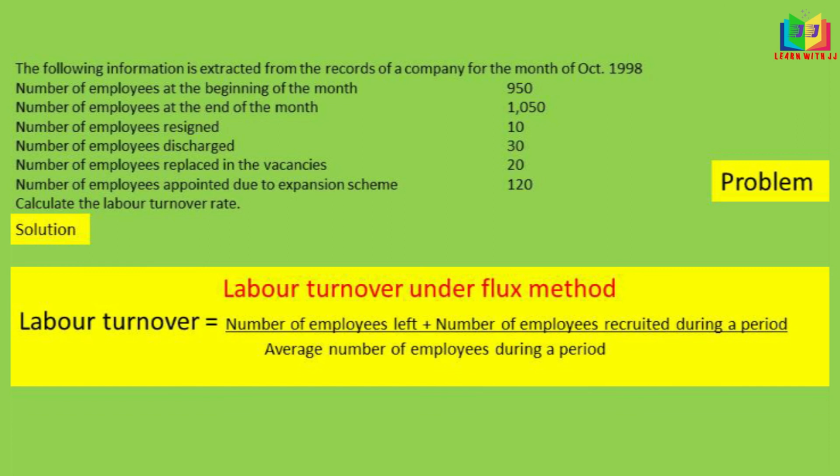Now we can calculate the labor turnover under flux method. And the formula is number of employees left plus number of employees recruited. So in this problem, we have number of employees resigned, and this resign is considered as left, and number of employees discharged, and this too will come under the number of employees left.